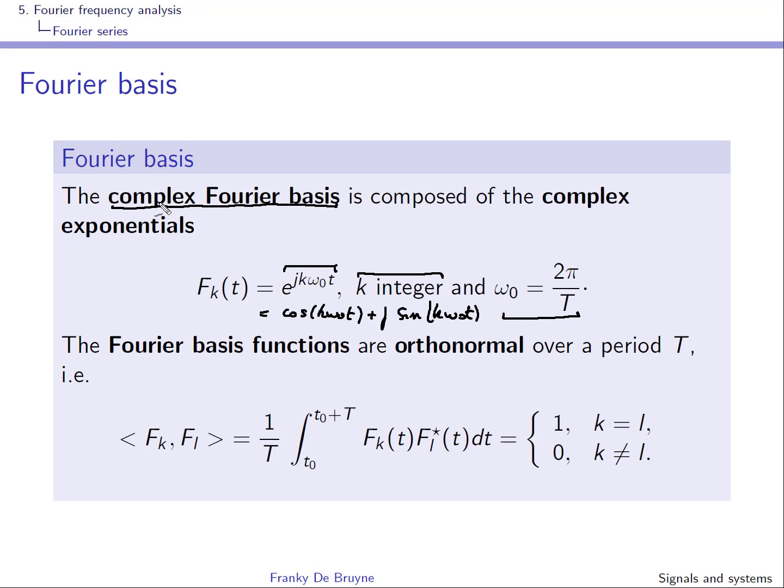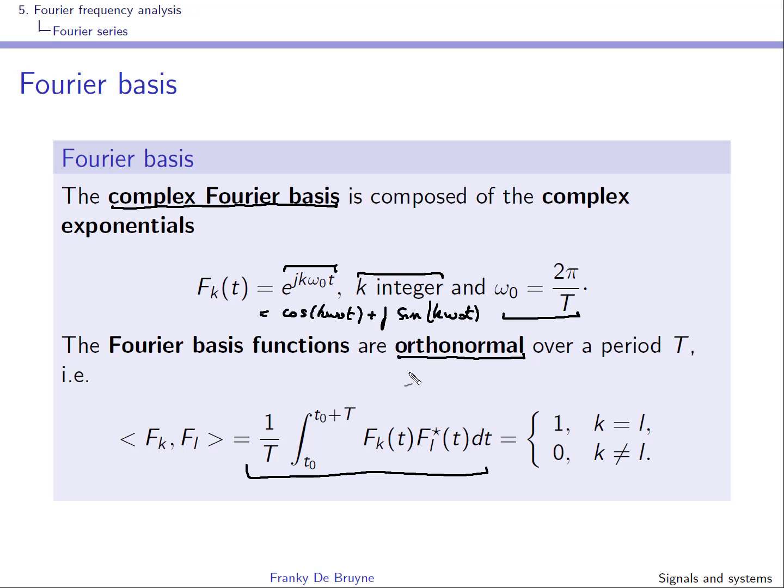Remember, from the analogy with the standard R cube basis, we would like this basis to be orthonormal, and when you look at orthogonality and lengths, you needed a scalar product, and the scalar product of two functions in the family is given by this expression over here. This is the inner product of a function with index k and a function here with index l.